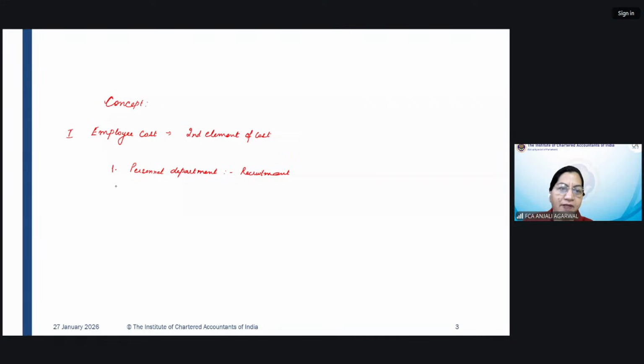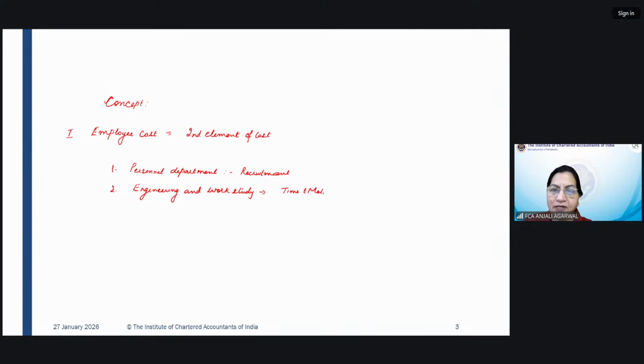A second department that is key here is called the engineering and work study department. The role of this department is to do time and motion studies.